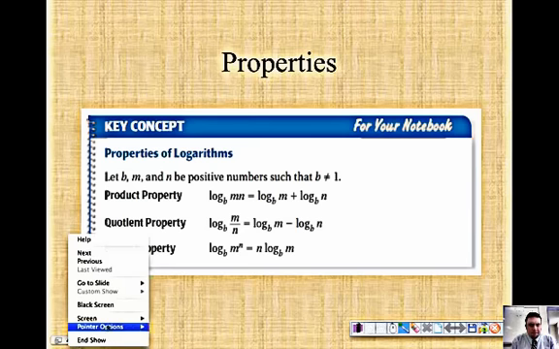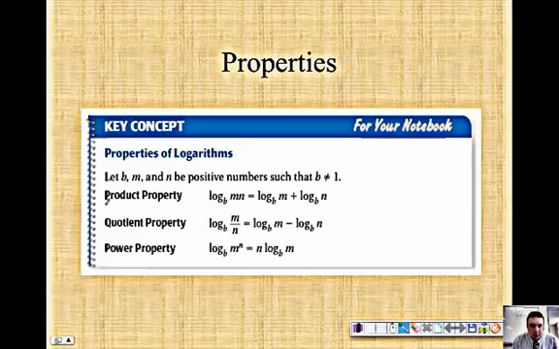Three properties. Number one, product property. If you have log base b of m times n, then what you can do is you can split these up. Log base b of m plus log base b of n. Now, you would think, okay, it's times here, so why isn't it times here?